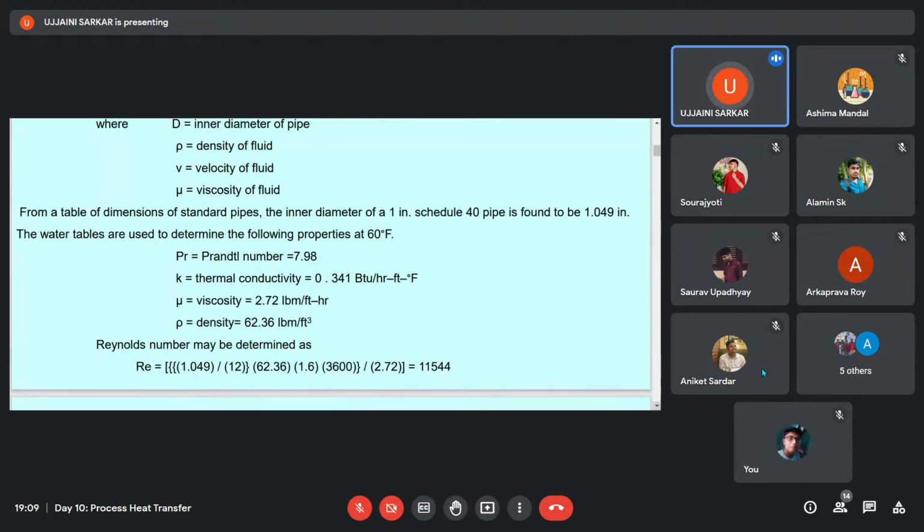Once the thickness is different, the OD will be different. Now in this case, we are not worried about what is flowing outside the pipe. We are worried about what is flowing inside the pipe. Inside the pipe, water is flowing. The water tables are used to determine the following properties at 60 degree Fahrenheit.